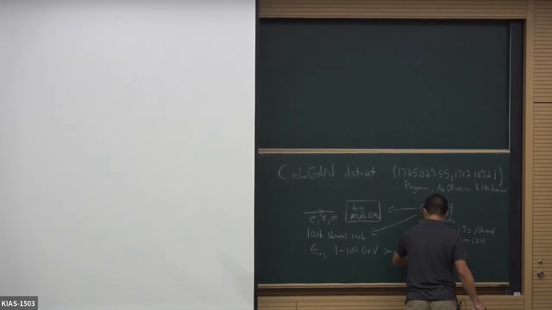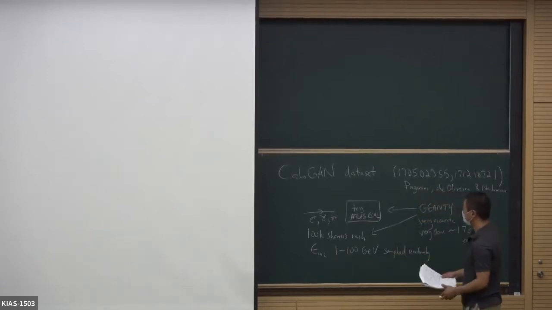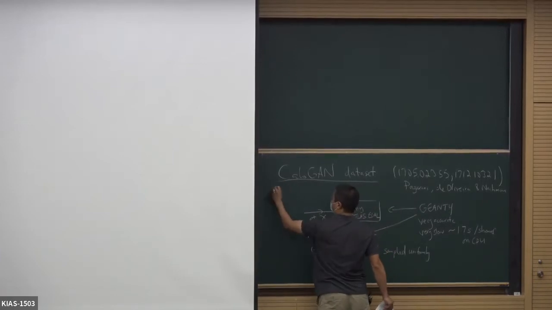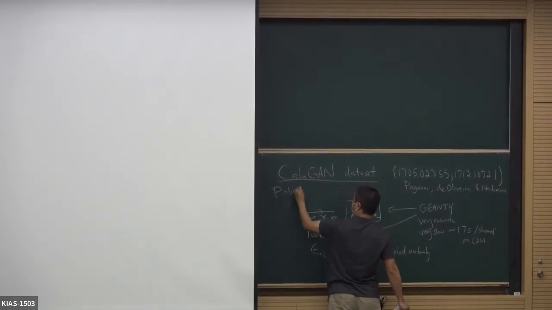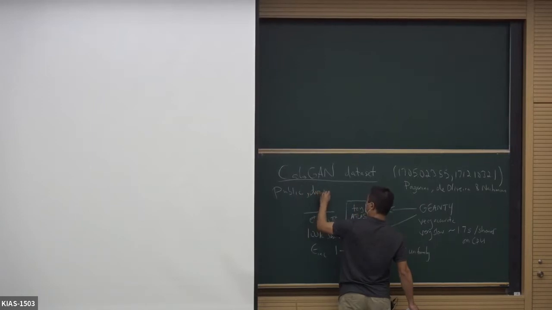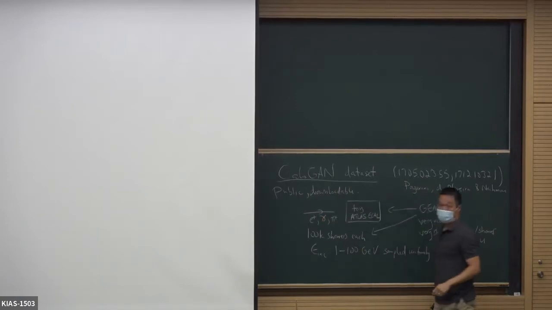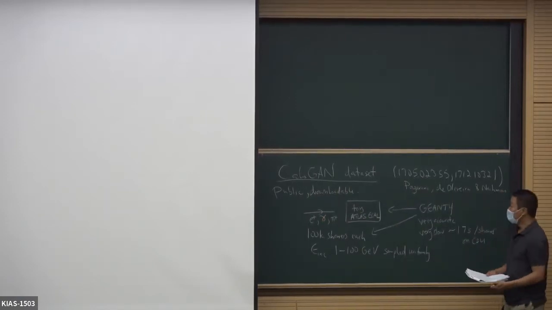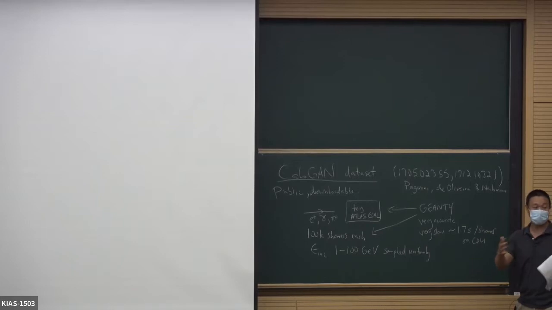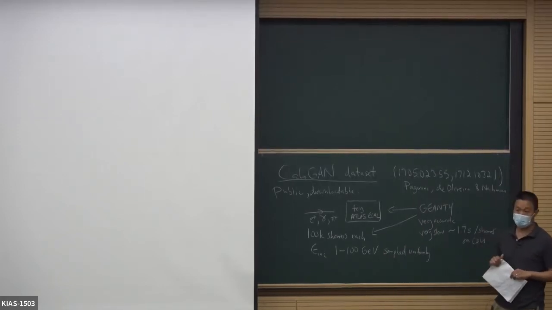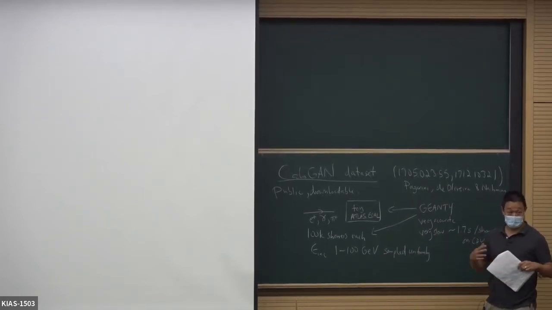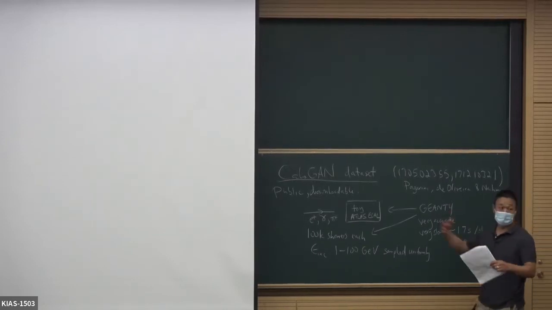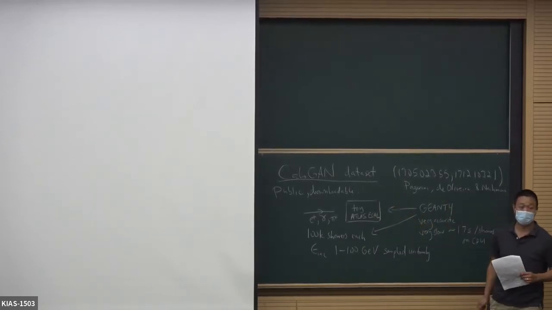Anyway, you can check that. So this data set, I want to emphasize, is public and downloadable. It's not very big. That's a nice thing that they did, making their data set public, and that's an increasingly popular trend, which is a good trend, people making the data they use for their papers and studies public. So anyone can go and download this and play around with it if you like.